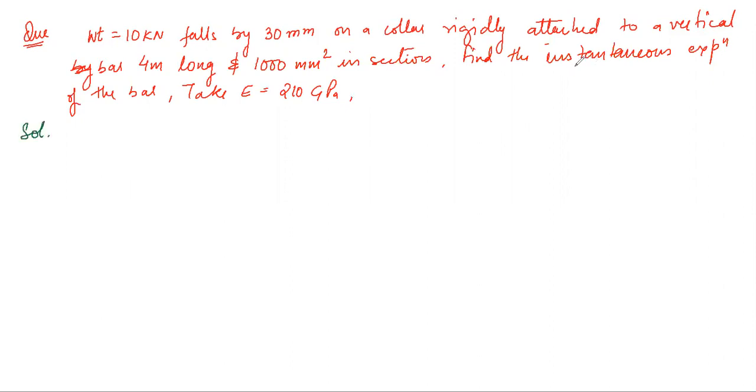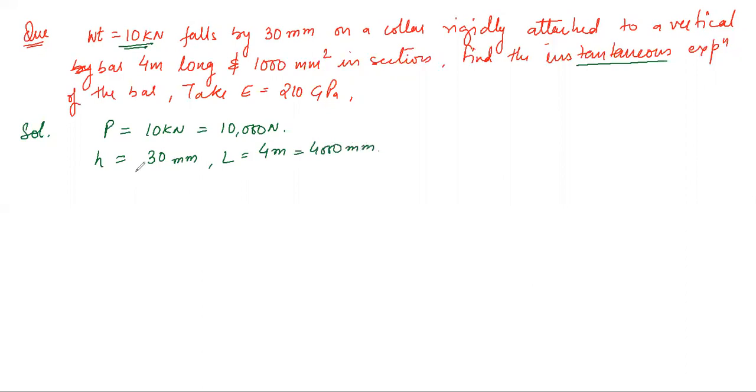You need to find out the instantaneous expansion, or you can say the extension, when a weight of 10 kilonewton falls by 30 mm on a collar, right? So let's simplify the terms: 10 kilonewton is 10,000 Newton. Fall is 30 mm, right? Length of the rod is 4 meter, which is also 4000 millimeter, and your cross-sectional area is already given as 1000 mm square, right?